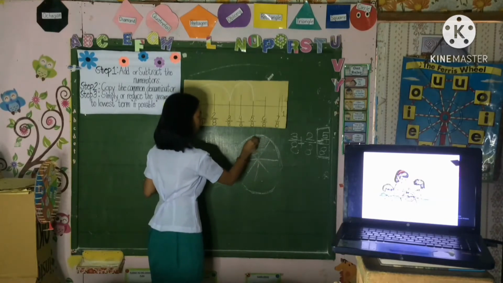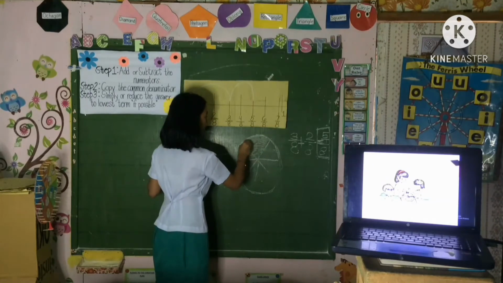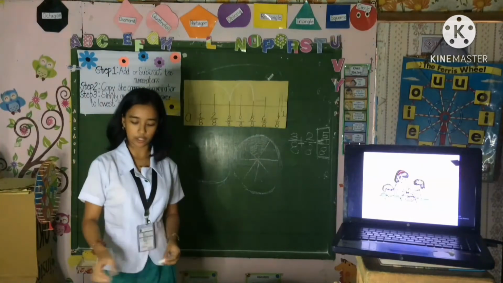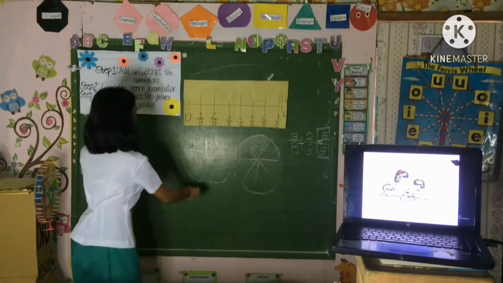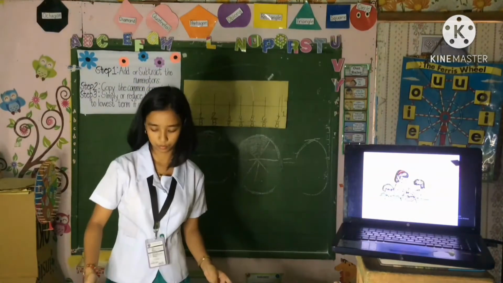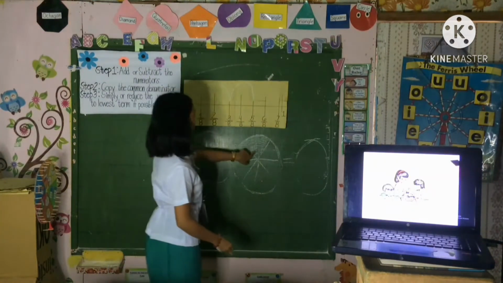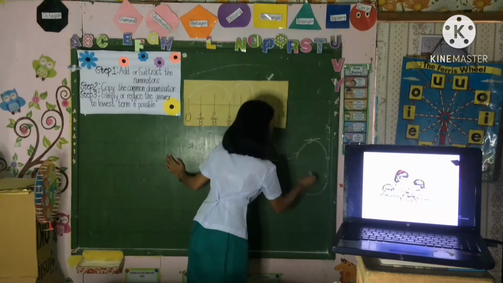Now, for the same answer in the same illustration, 3 plus 2 is equal to 5.